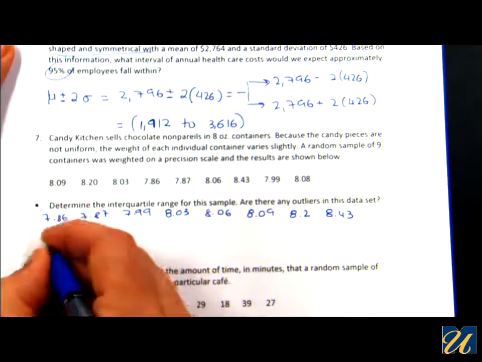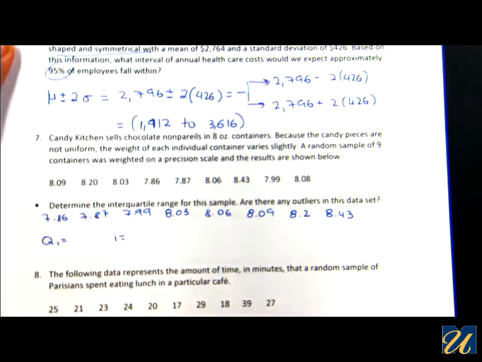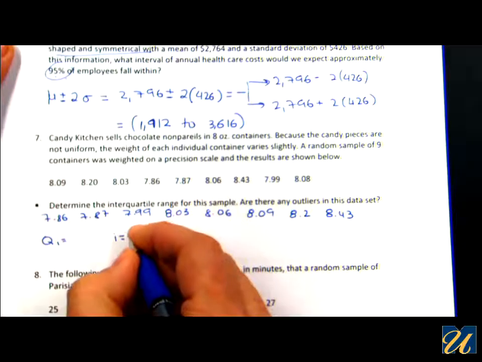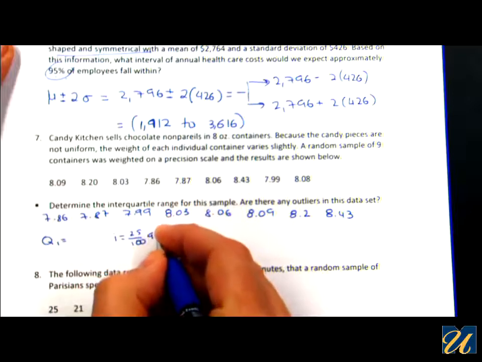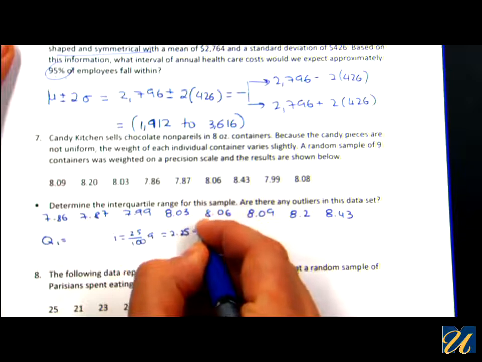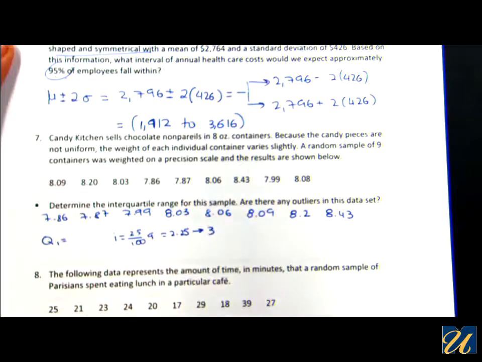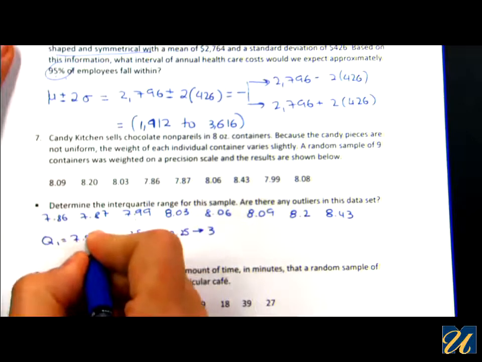I'm looking for Q1. I have to calculate index I. I will be equal to 25 over 100 times 9, because 9 are the entries that I have. This will be 2.25, which is rounded up to 3, and I take the third ranked observation, which is 7.99.